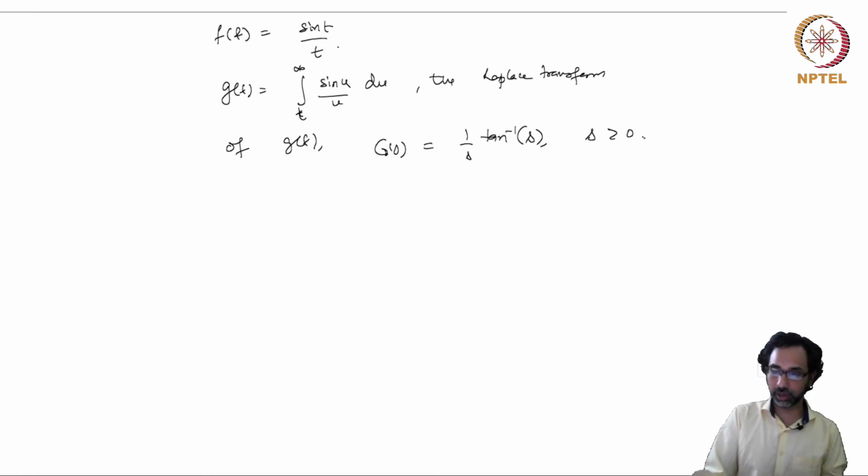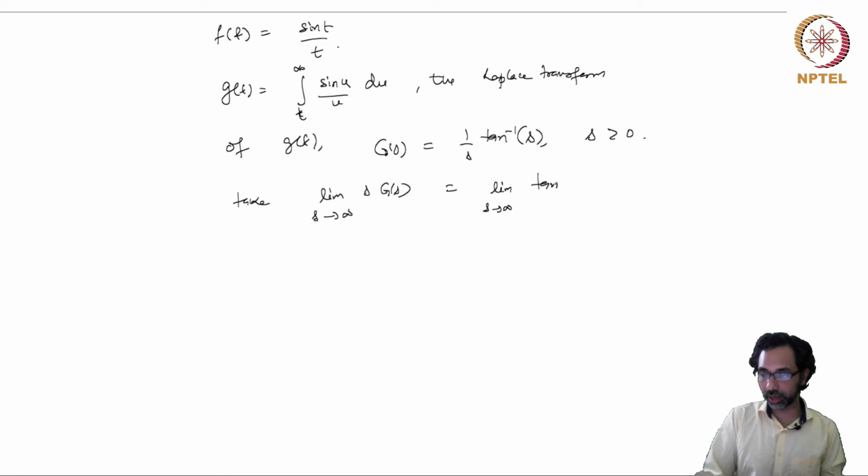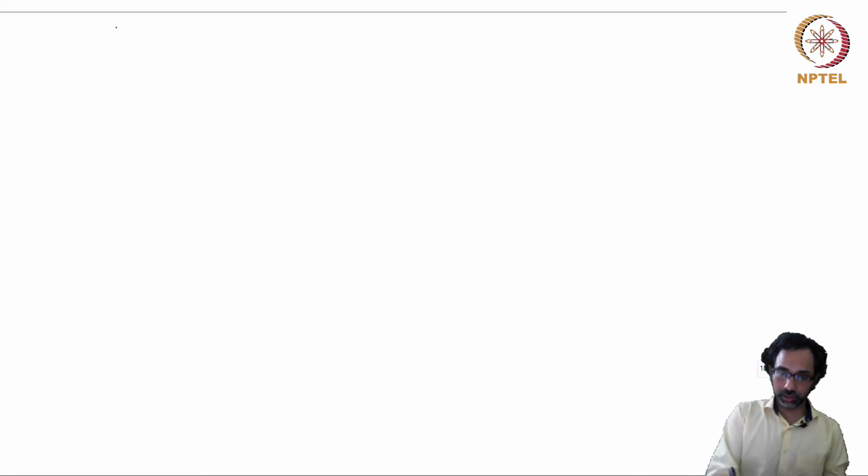This is valid for s positive, and so if we take the limit as s tends to infinity of sG(s), this is nothing but the limit as s goes to infinity of tan inverse of s, and we know that this is pi by 2, and so we see another proof that this integral, the sine integral, when evaluated from 0 to infinity, has value pi by 2. Similarly, we have a so-called final value theorem.